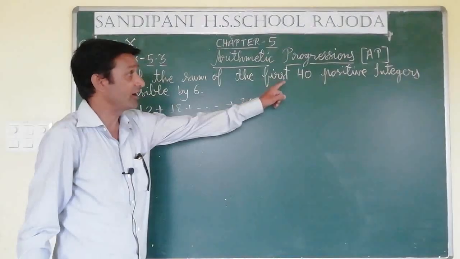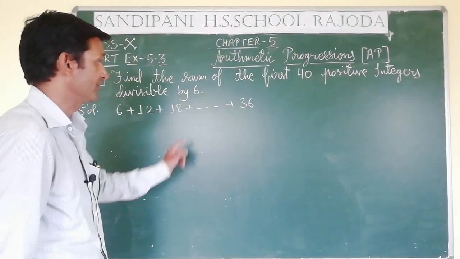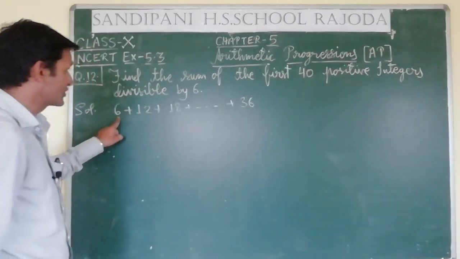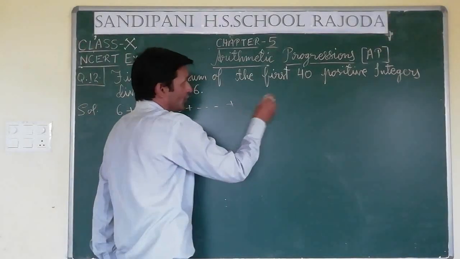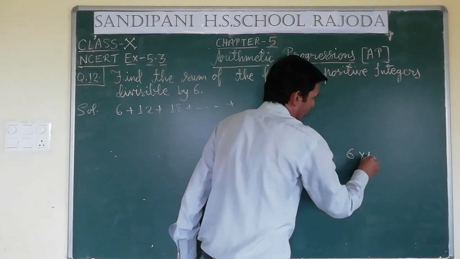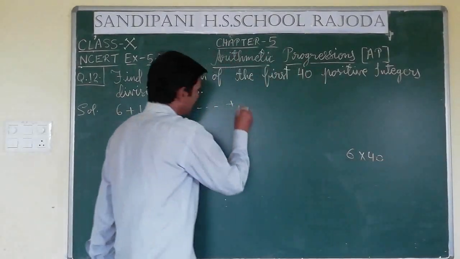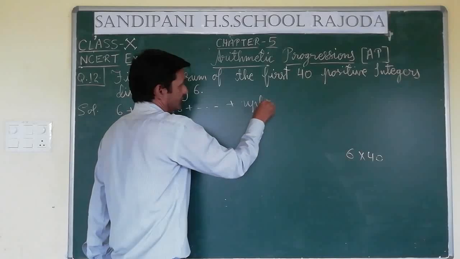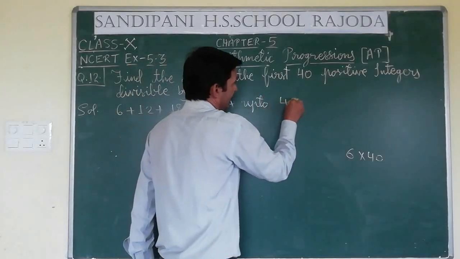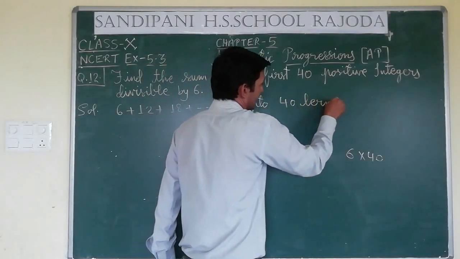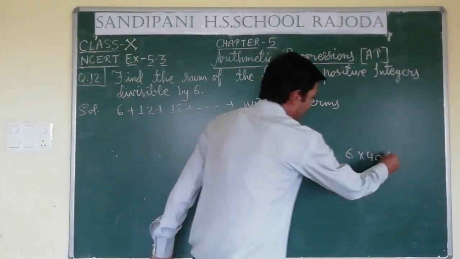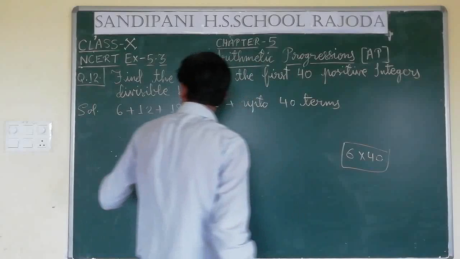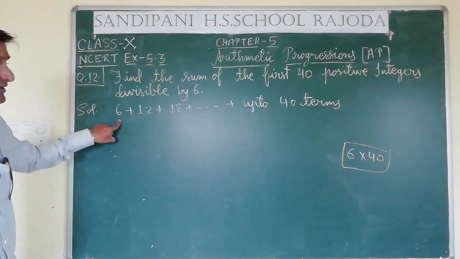The first 40 positive integers divisible by 6 means 6 into 40, or we may write up to 40 terms.